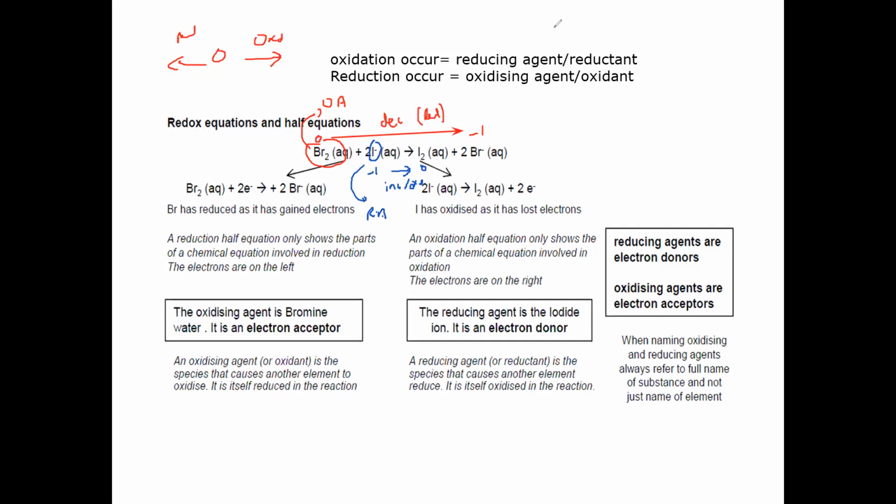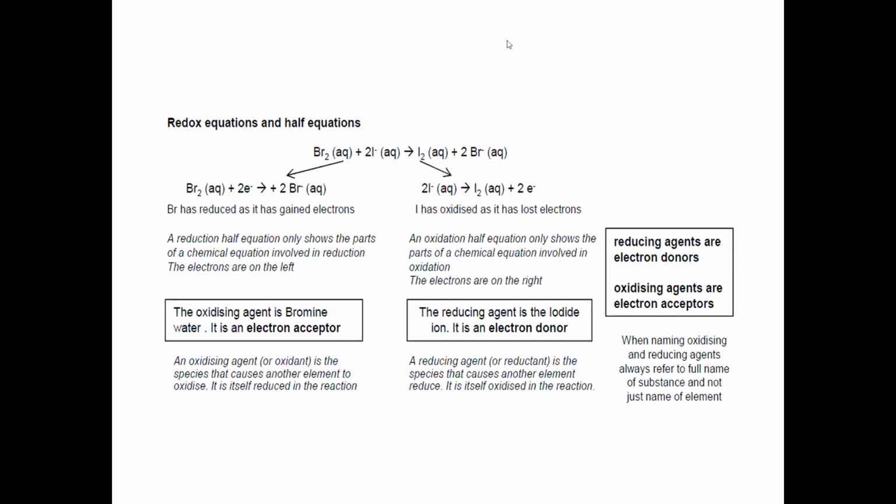Another example: you have zinc reacting with copper ion, and because zinc is more reactive, the more reactive metal displaces the less reactive metal from its compound, so it displaces copper.